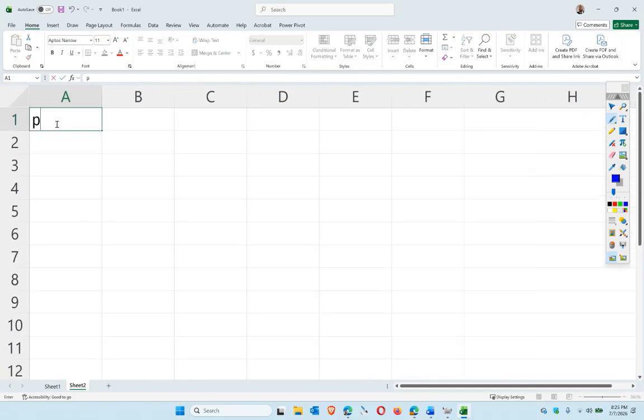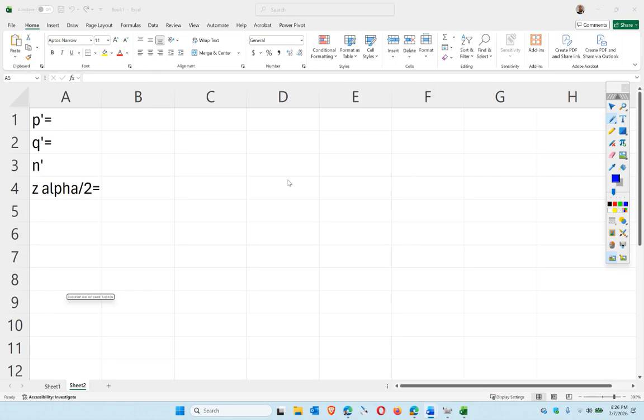So we want p hat, we want q hat, we want n, we want z alpha divided by 2. Okay, and then we'll get our confidence interval.